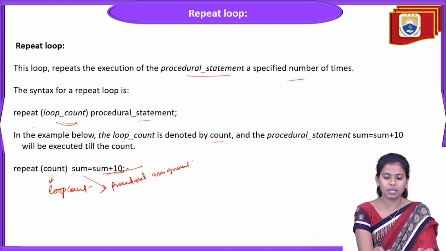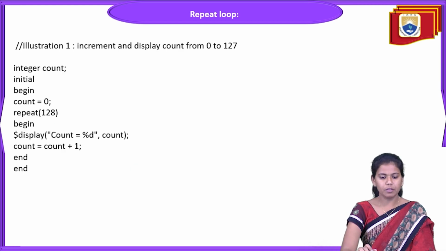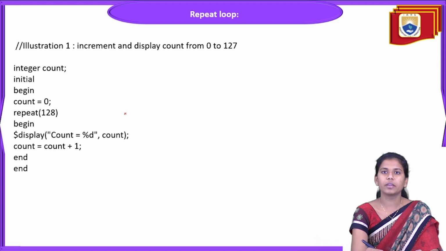Until this I can execute the statements repeatedly. So here repeat is followed by the loop count and sum, which equals sum plus 1. We'll see the example. Here in the repeat count, increment and display count from 0 to 127.